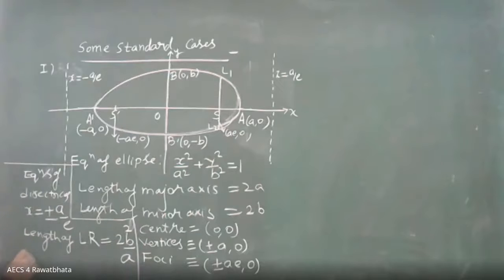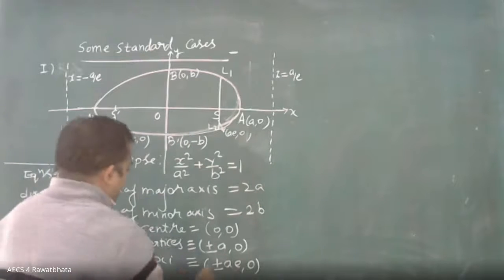Then there is one more formula, the relation between a, b and e. It is given by b square equal to a square into 1 minus e square. So this also please keep in mind, I can write that relation here.